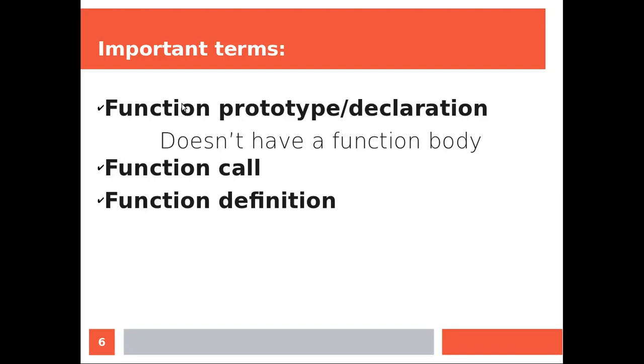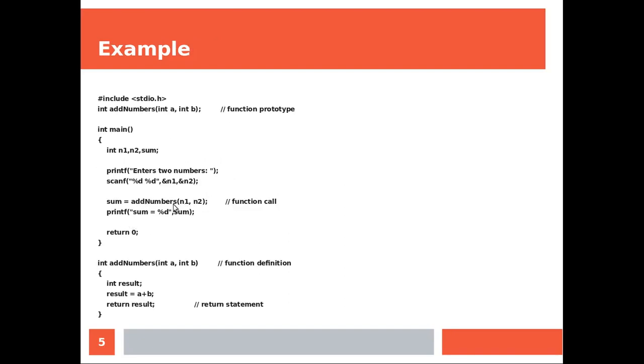Another important term is function call. Function call means calling the function from the main function by using the function name and the parameters to be passed. That is, the values of n1 and n2 will be given to a and b.